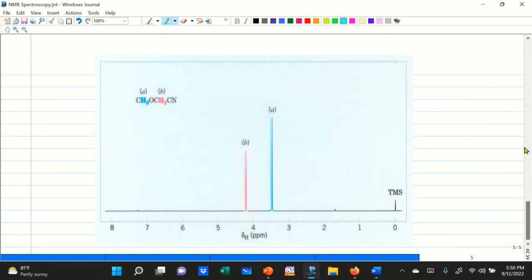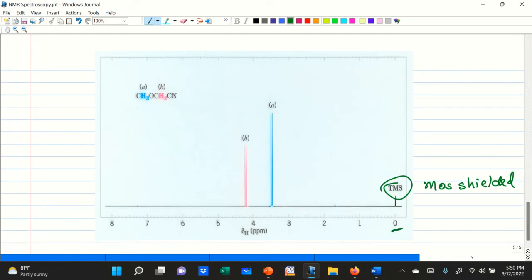So here is a spectrum. TMS corresponds to being most shielded, and that is given the number 0. Everything else is deshielded compared to that.